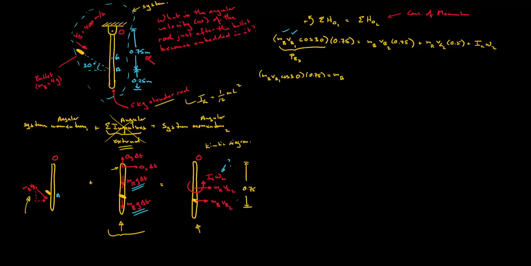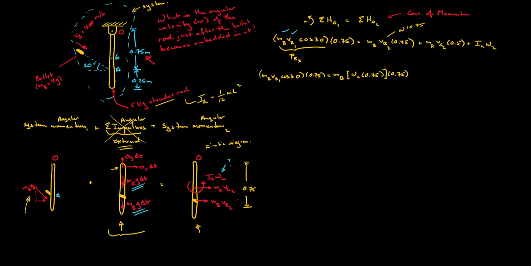The velocity of the bullet is going to be equal to omega multiplied by r, where in this case, r is going to be 0.75. So we have omega 2 multiplied by 0.75, and then again multiplied by 0.75. And hopefully this is clear why we're doing this.